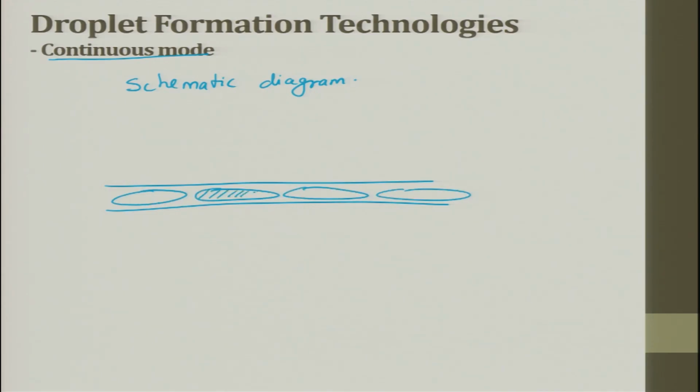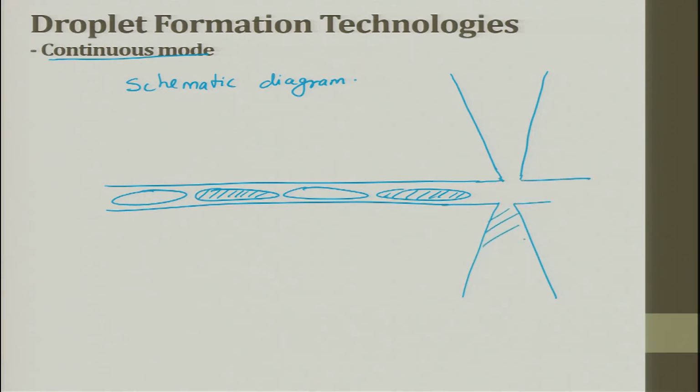You have alternative layers. So, you will have here, okay, the dispersed phase channel.